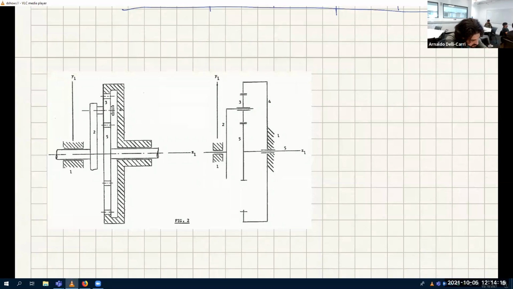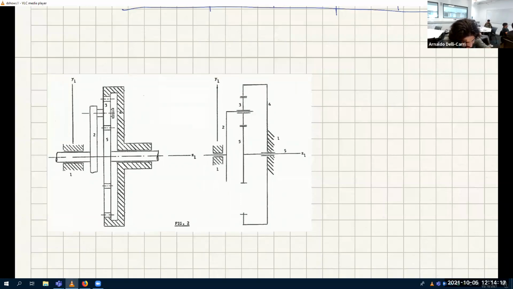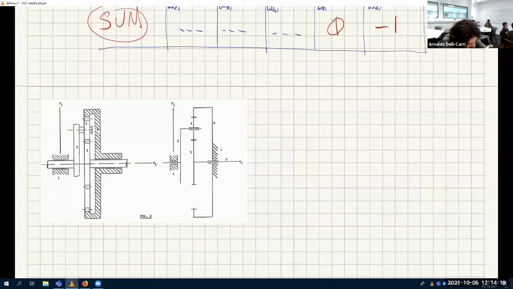So help me out. Which one is the sun? So let's start with the numbers. 2, 3, 4, 5. What is 2? Correct. Arm. What is 3? Planet.